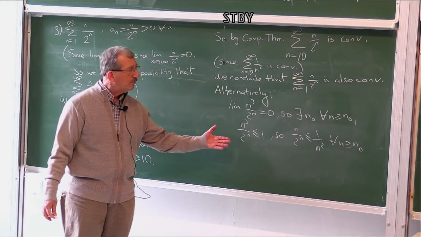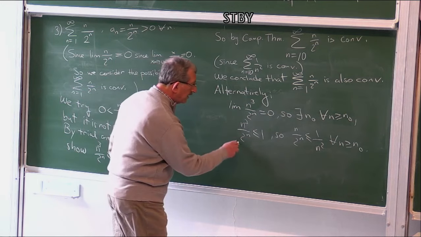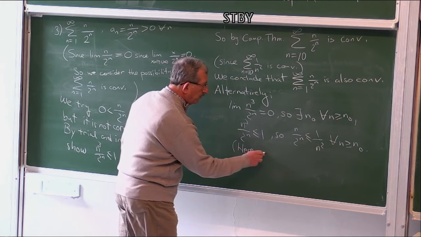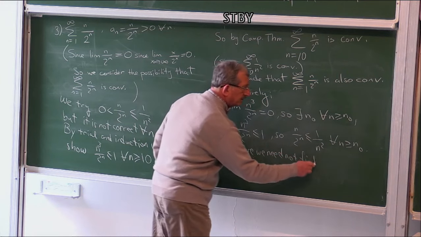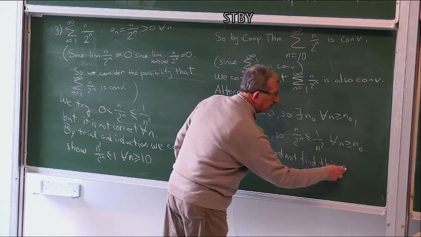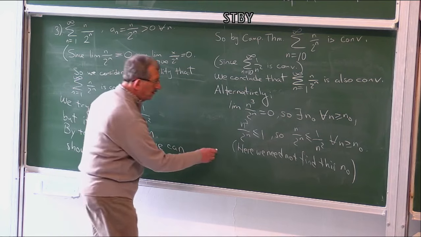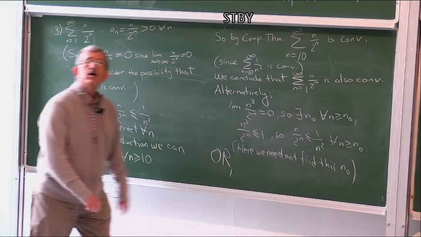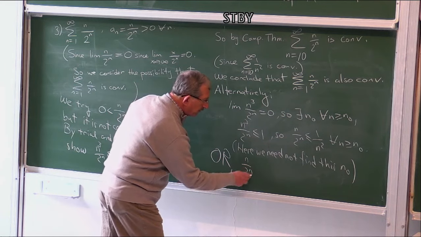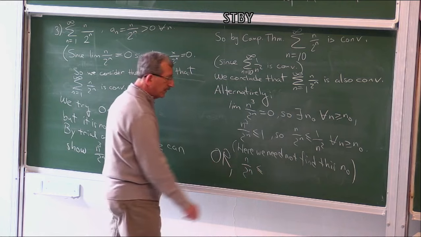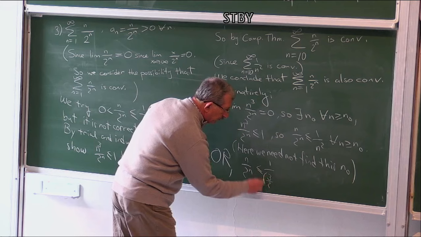There is an n0 because of the limit. And so it tells us that here we need not find this n0. Still another way of comparison could be the following. n over 2 to the n would be smaller than 1 over (3/2) to the n.